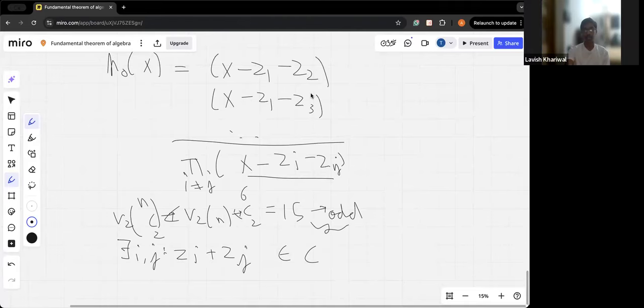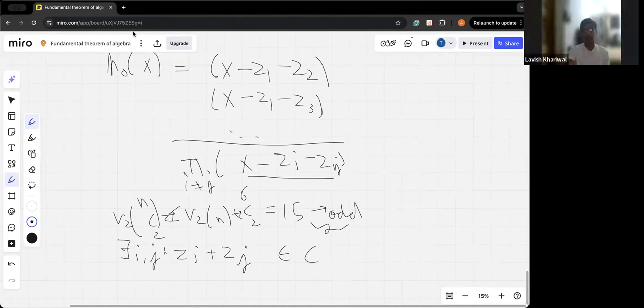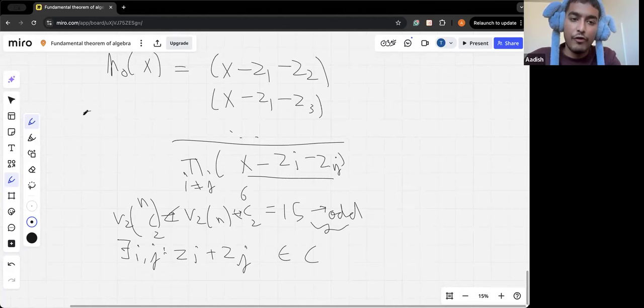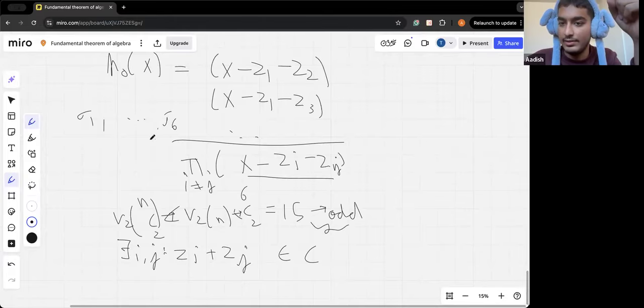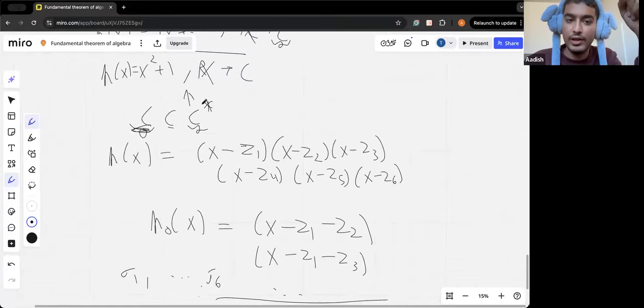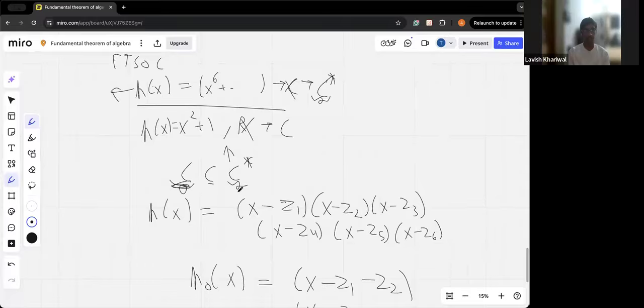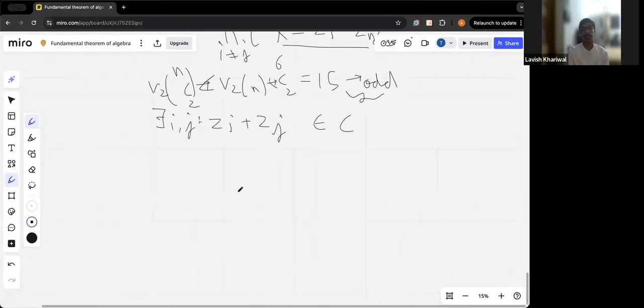So it's a symmetric polynomial in z1, z2, z3, z4, z5, z6, and it can be expressed in terms of row 1 through row 6, which are the coefficients of P of x. So they're real numbers.